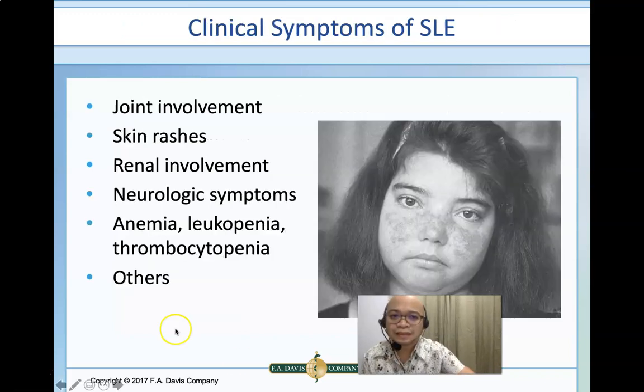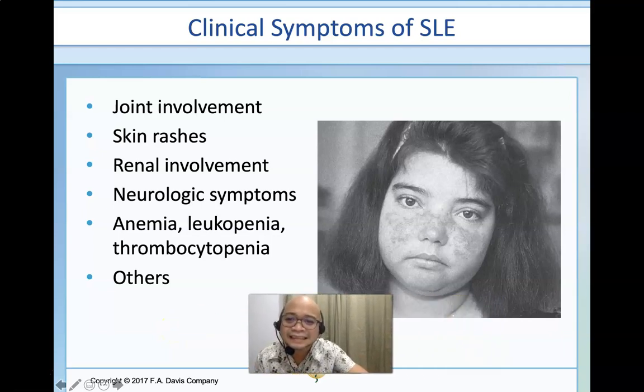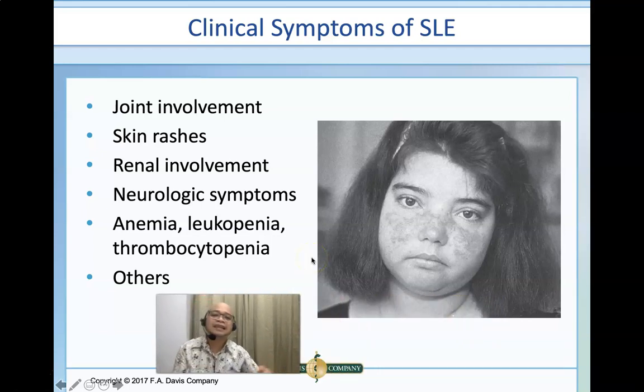Here is an example of a patient with SLE. As you can see, SLE is a multi-organ autoimmune disease. Immune complex may be deposited, for example, in joints.